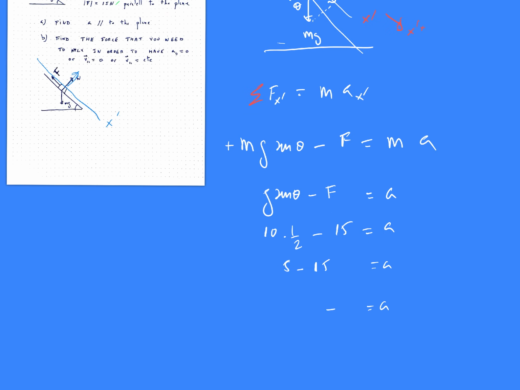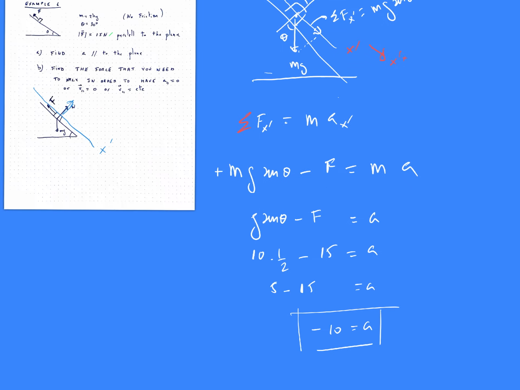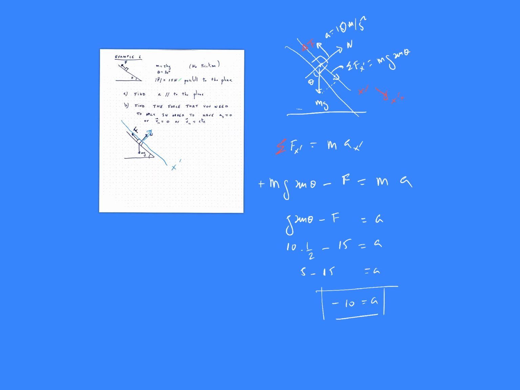So the acceleration is minus 10. What does minus 10 mean? It means that the positive acceleration was going downwards. So the acceleration is going in the opposite direction, and the magnitude of the acceleration is 10 meters per second squared. So this is the acceleration.